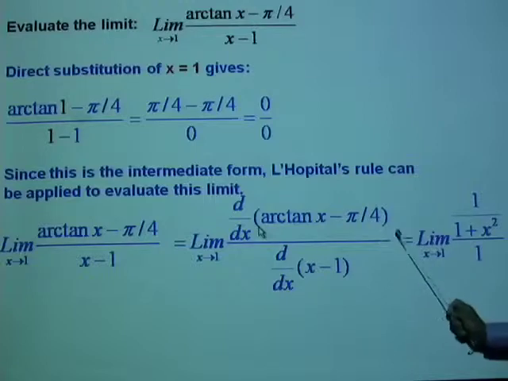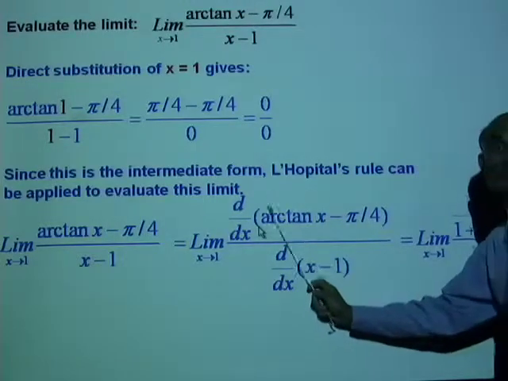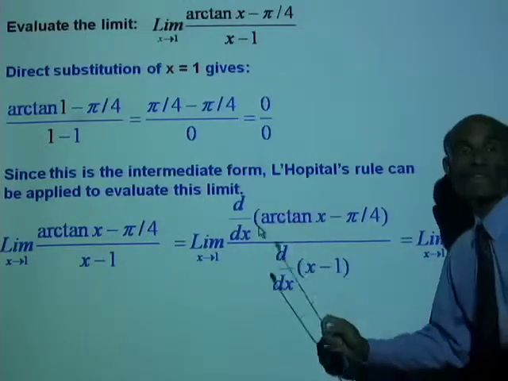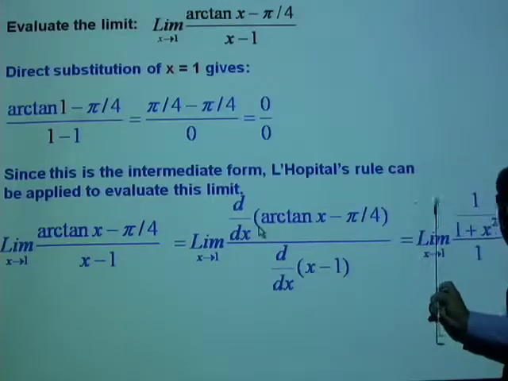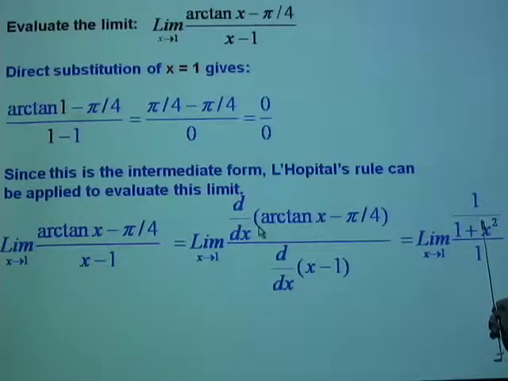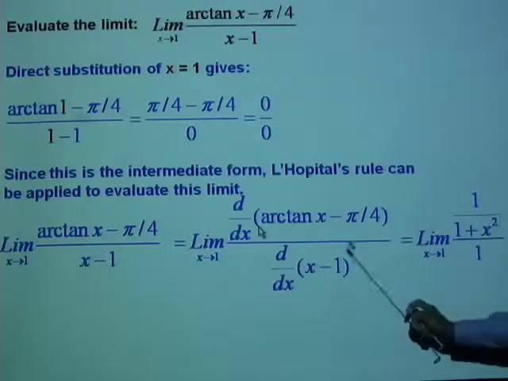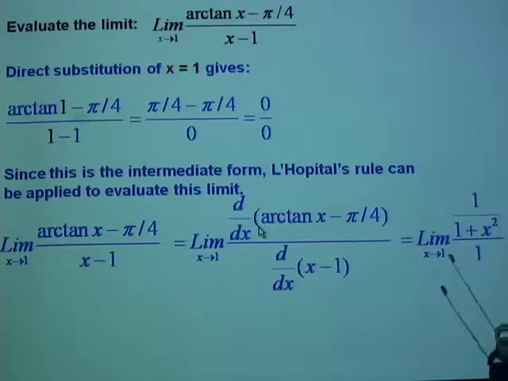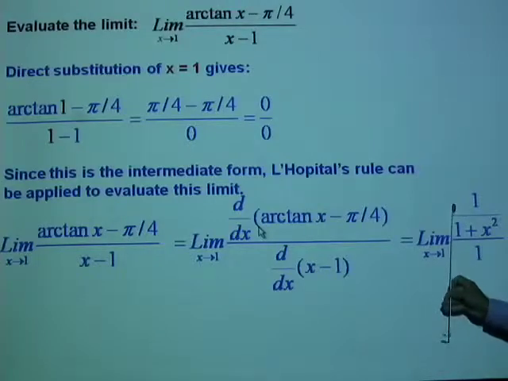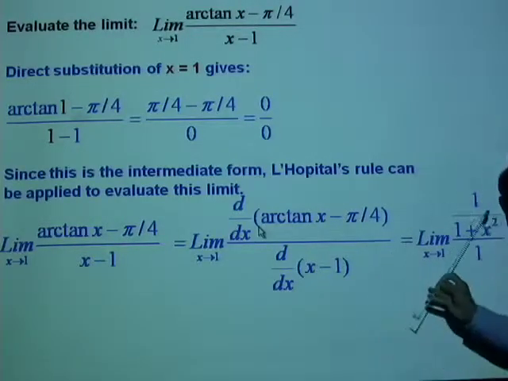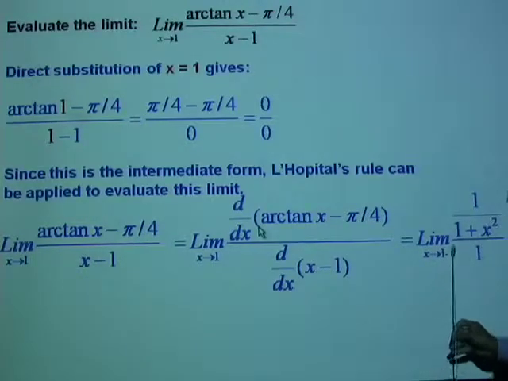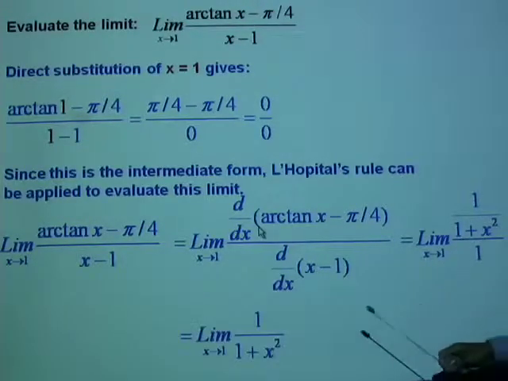And that is limit x approaches 1, the derivative of arctan x is 1 over 1 plus x squared, and the derivative of x minus 1 is 1. Can you replace now x by 1?